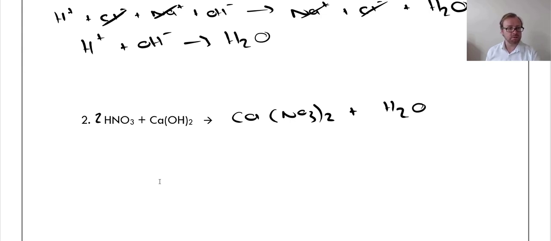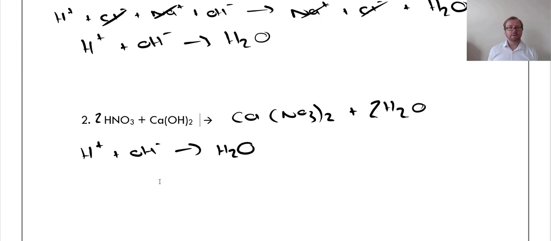There must be 2 of these here, which also means I need 2 H2O here. And again, if you go through the ionic equation, we're going to have H+ plus OH- forms H2O.